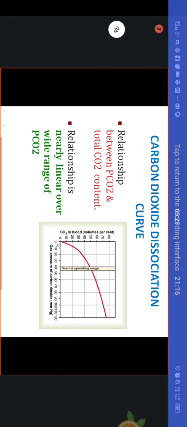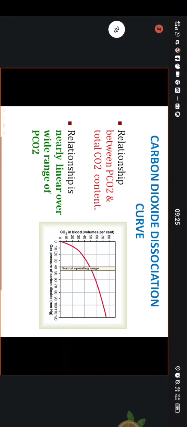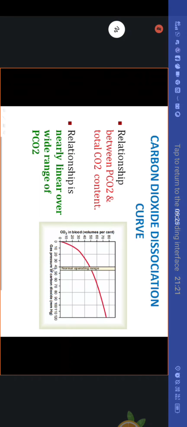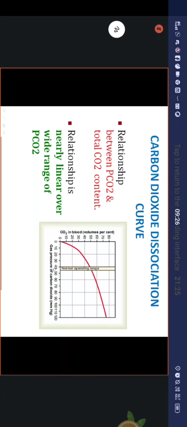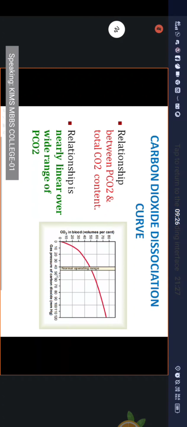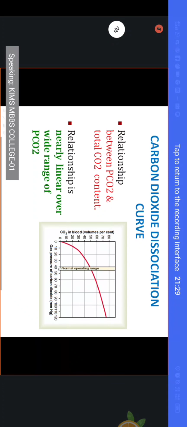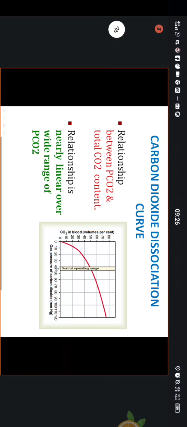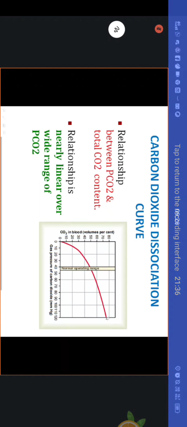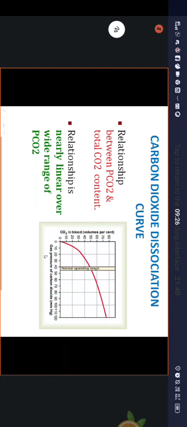The oxygen dissociation curve is one where oxygen pressures are varied very much. Here, this is the normal operating range. That is, PCO2 usually is 40 in arterial, 45 in venous. So this is the normal operating range. Because of the very narrow range, it is usually linear in relation, even though pressure concentration varies.